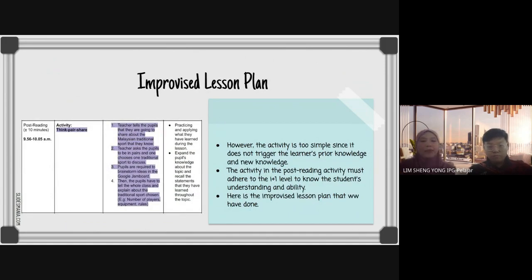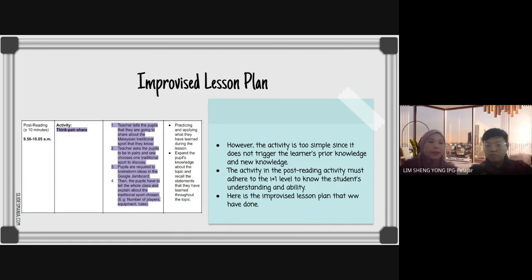However, we found that this activity is too simple since it does not really trigger the learner's prior knowledge and the new knowledge that they have gained in the lesson earlier. So the post-reading activity must adhere to the i plus 1 level to know whether the students understand, or whether they are able to do something more than what they have learned today, not just stay in that circle only.